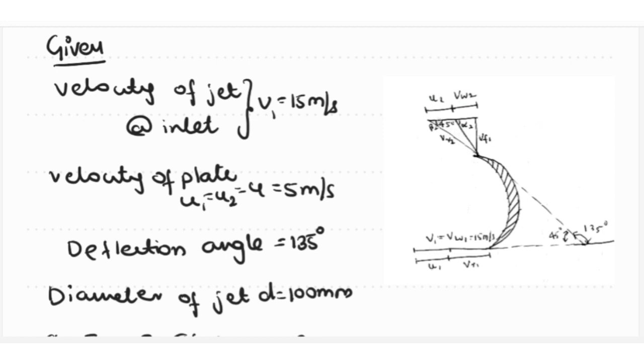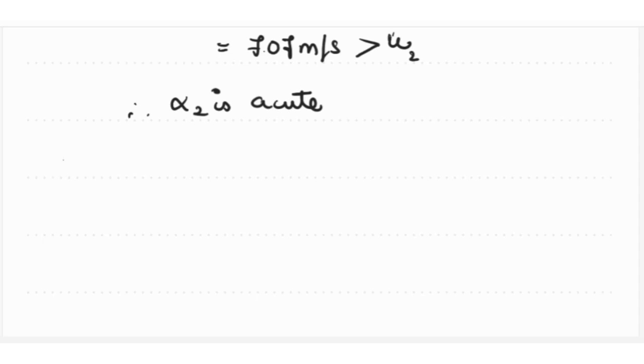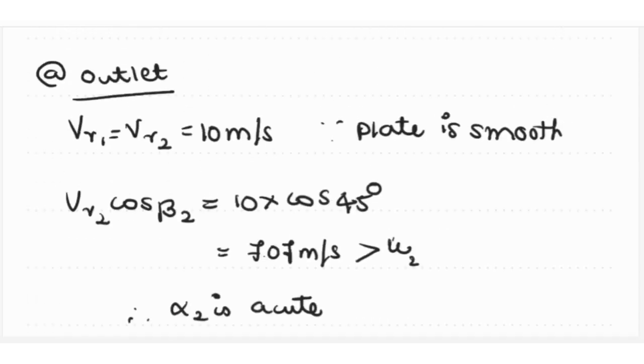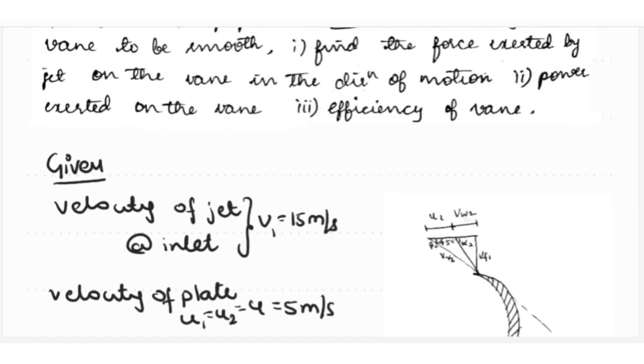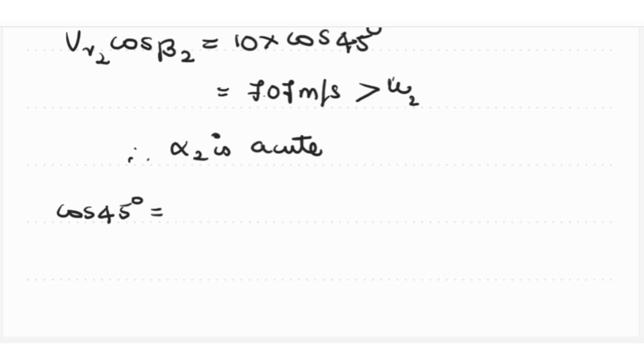We will apply here cos 45 to this triangle. So let us see what we will get. Cos of 45 degree is equal to, adjacent side is U2 plus VW2 and hypotenuse is VR2.